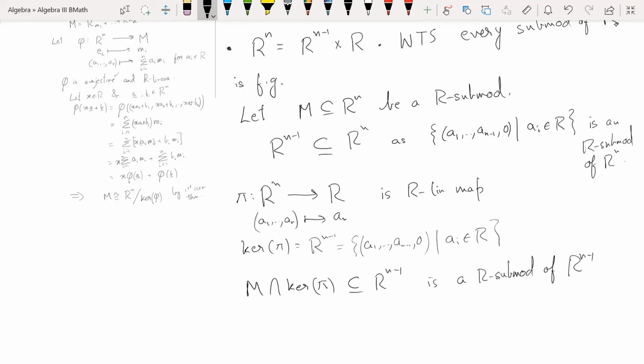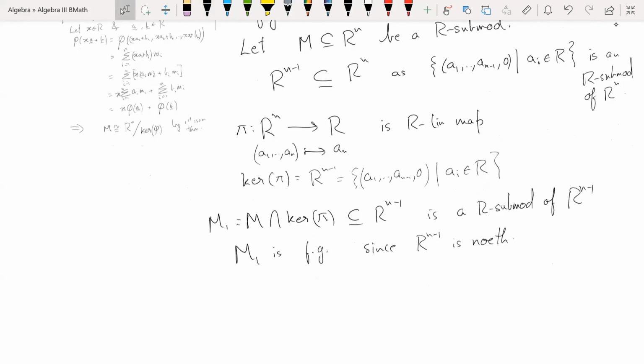It's a submodule with the same scalar multiplication, and it's a subset of both M and R^(n-1). Let's just give this a name, maybe call it M1. And since R^(n-1) is Noetherian, M1 is finitely generated.